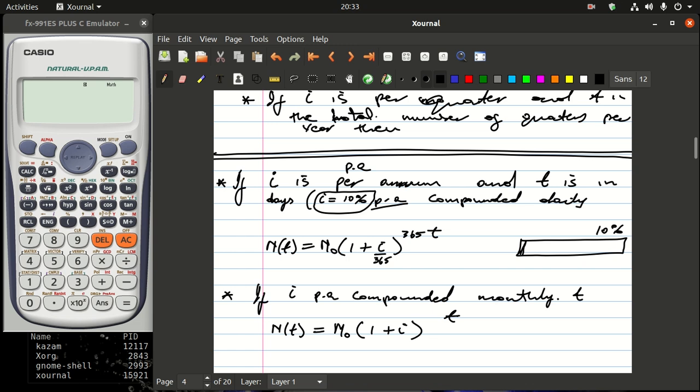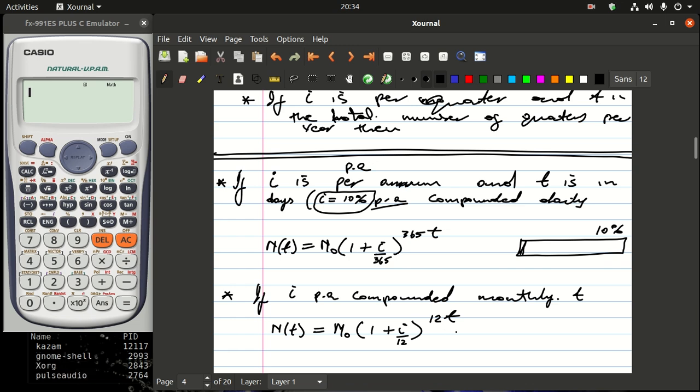If t is in months, but now this one is saying, I will give you this per year, but compounded every month. How many months do we have per year? That's what we put here. We have 12. And if this is already in months, we'll leave it like this. But if it is not, let's say it is in years, we have to multiply by 12 there. Why is that so?